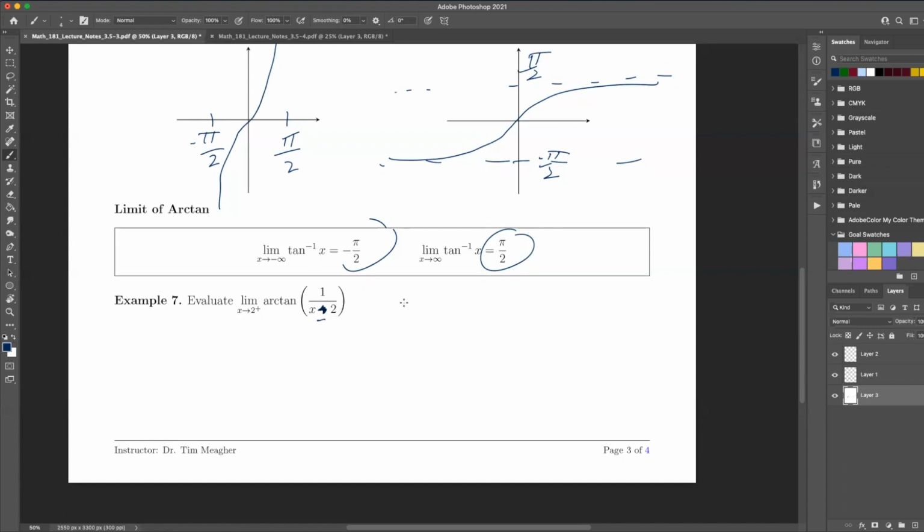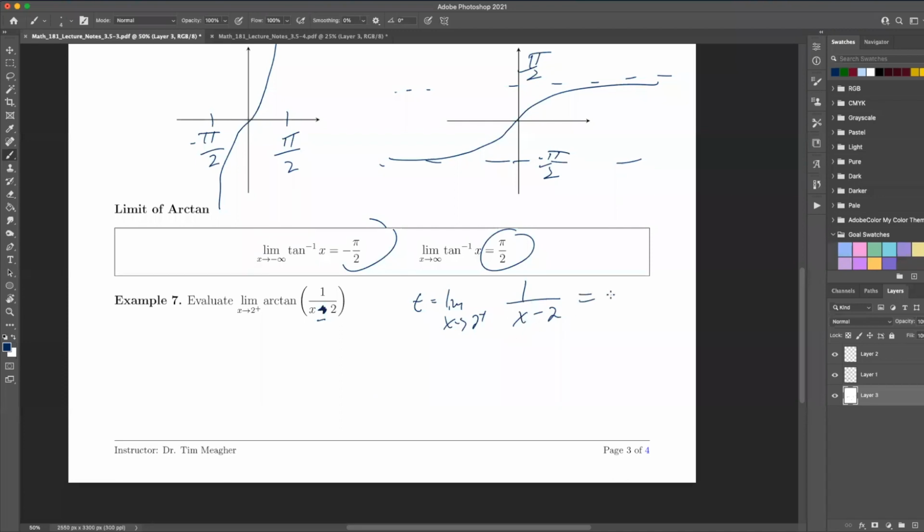And so here we're going to look at it this way: let t be 1 over x minus 2, as x goes to negative 2 from the right. Notice that this will be slightly positive.